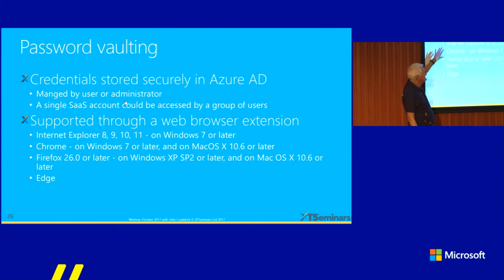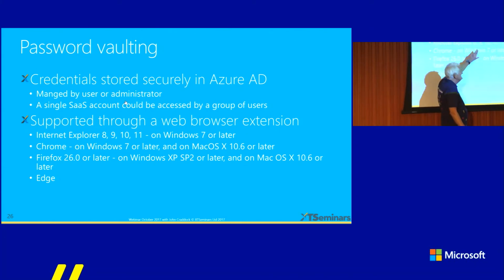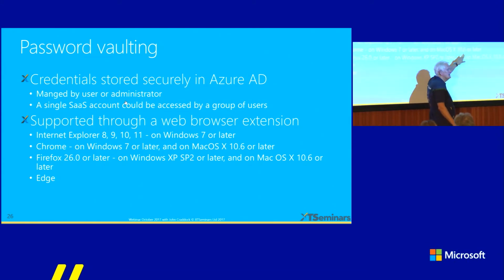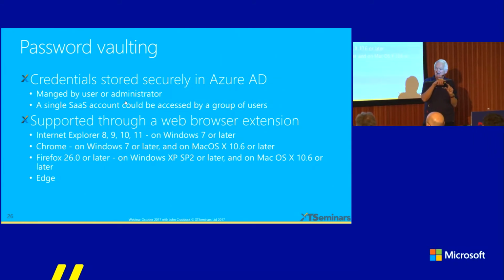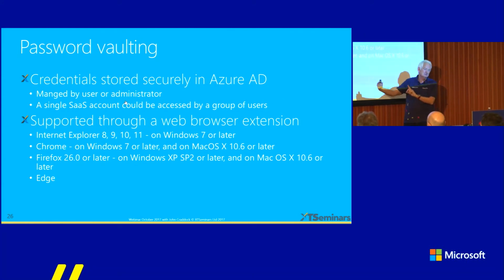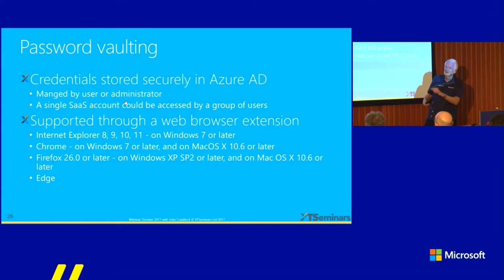But our passwords here are released by signing into Azure AD and held in a secure vault in Azure AD. The other nice thing you can do is you can assign a password to a group. So you could have a group of users which have a single password to gain access to an account. Very typically, it's used for things like corporate Twitter accounts. We have one corporate Twitter account, but actually we need 5 users that can use it. So it can be done through that.